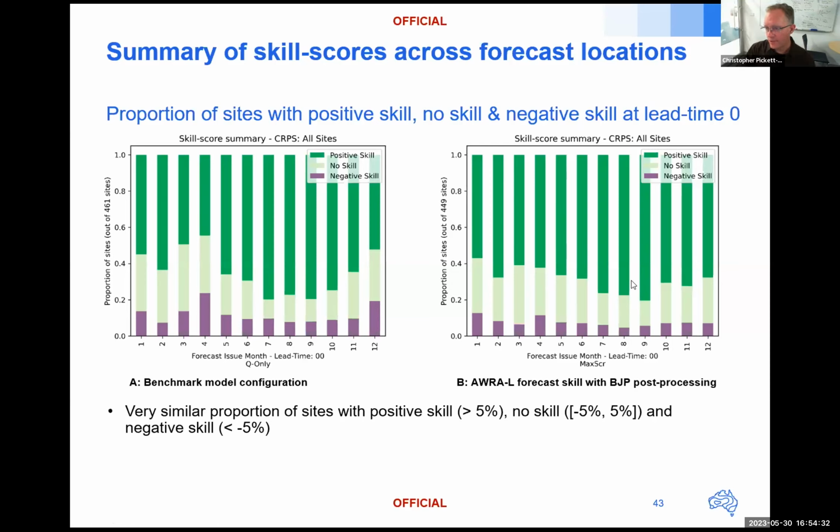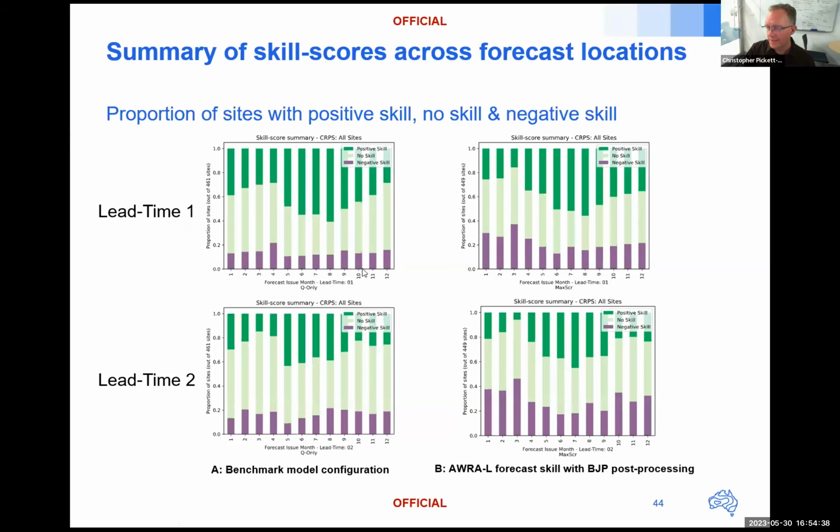And the same is true. This is for lead time 0, so the first month, and we get similar results in lead times 2 and 3. The forecast skills do reduce, so you notice there's quite a lot more proportion of sites that have little forecast skill. Again, it's forecast skill that's not that different to historical climatology. So you're basically generating a product that's similar to historical climatology.